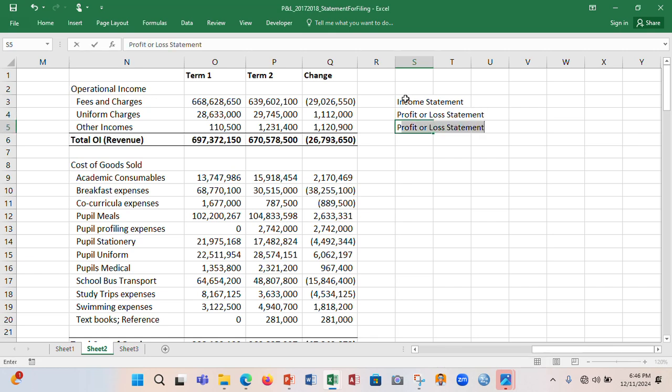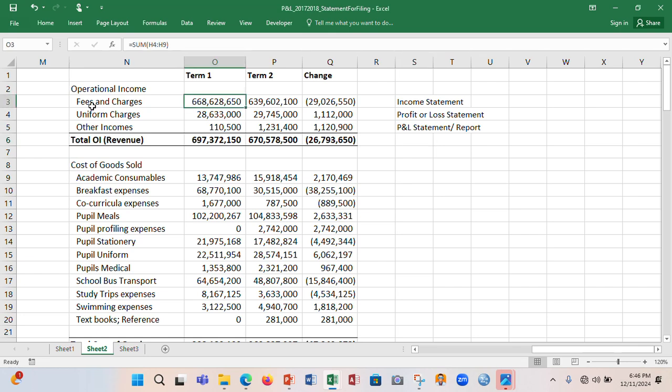Others call it P and L. P and L statement. Instead of statement, others put report. This one tells us what has come in from sales.